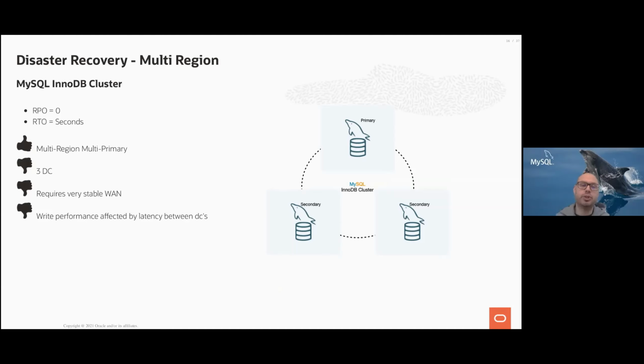So if you spread 3 members or 2 members in each region, so 3 regions, so either 3 or 6 nodes, for example, you can have an environment where there's no data loss when a region fails, and the failover time is seconds. So this will only work if your network is very stable between those 3 data centers.